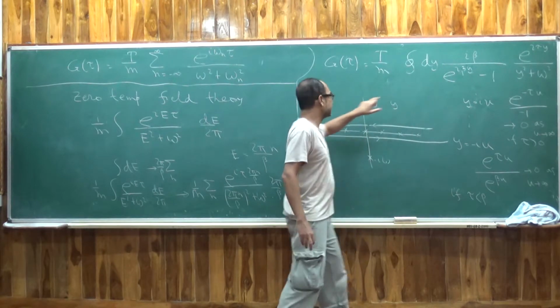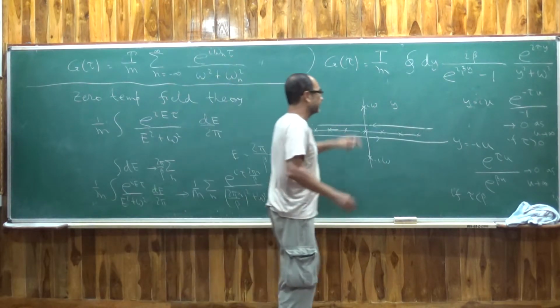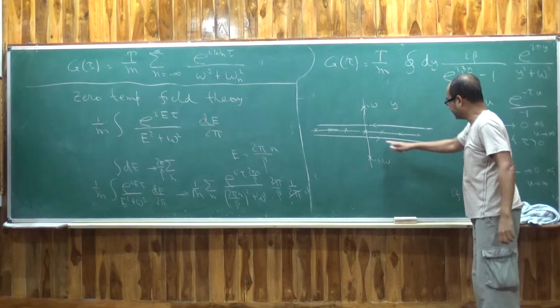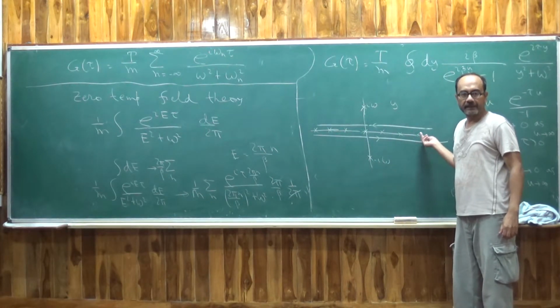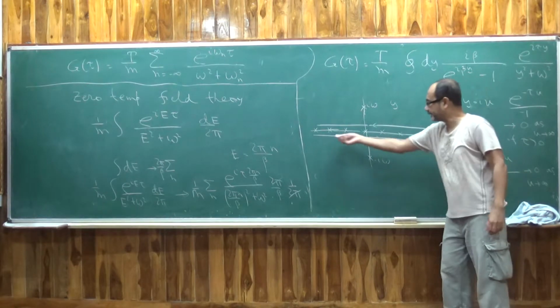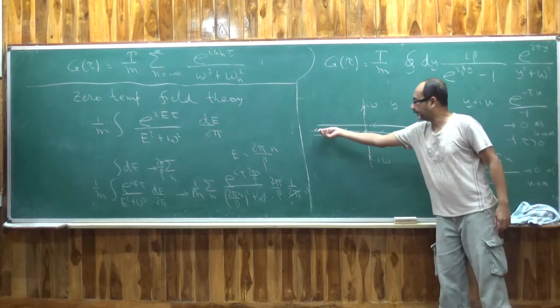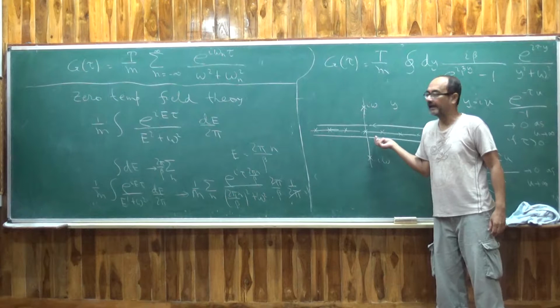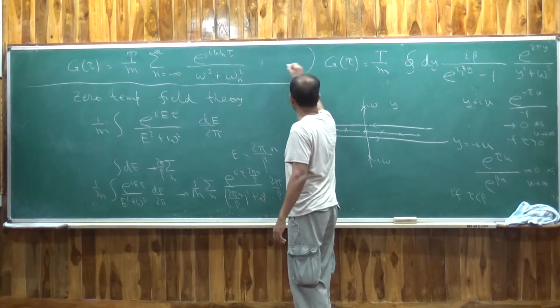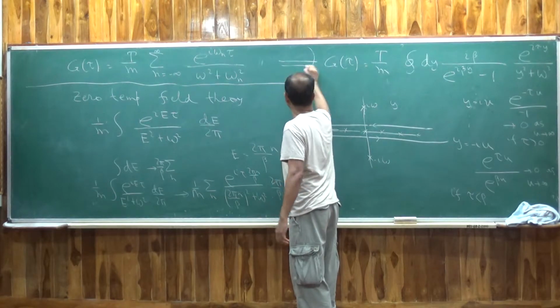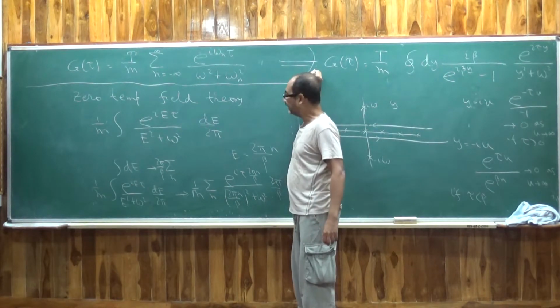Then I just rewrite this as this. Because when you carry out the y integral, you pick the residues from these poles, because there are poles over here. This contour is going to be given by the sum over residues from these poles, and that's exactly this sum. So the equality of this and this is an identity. This is different.